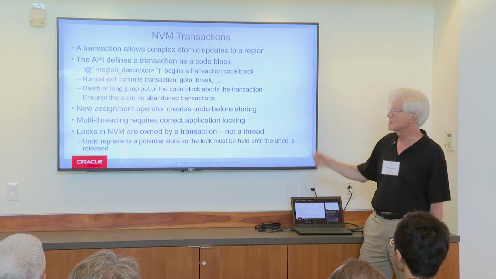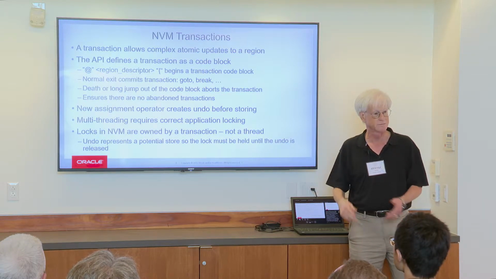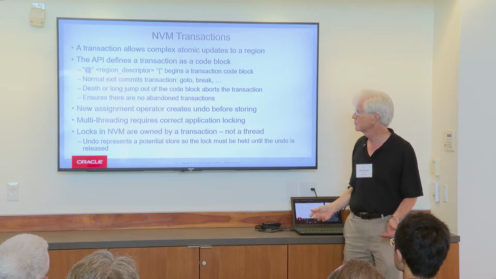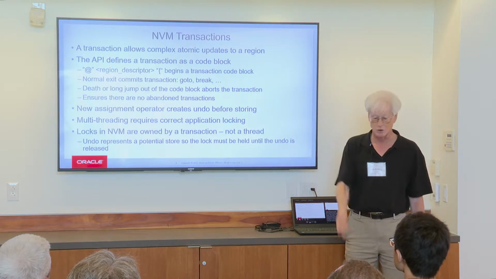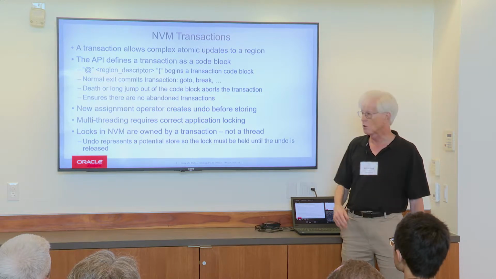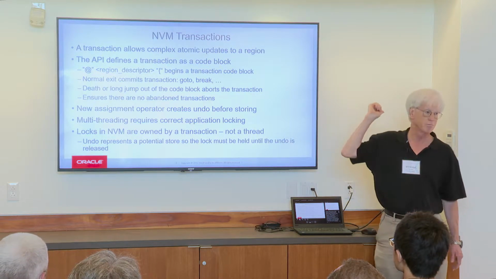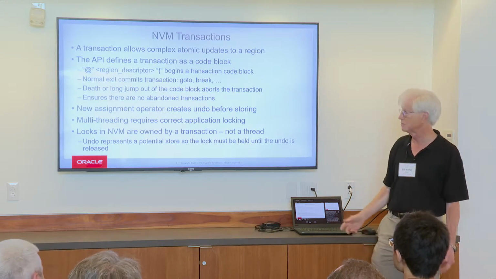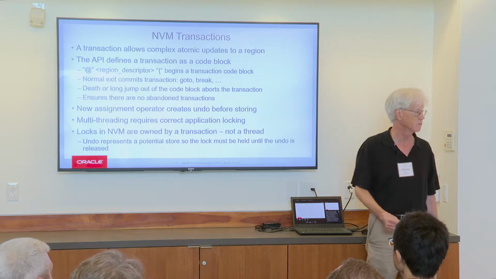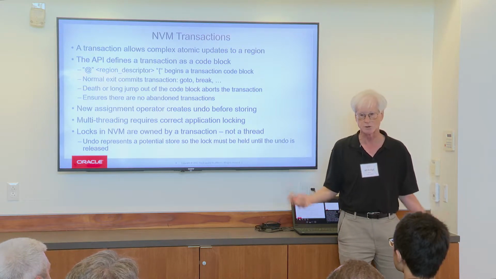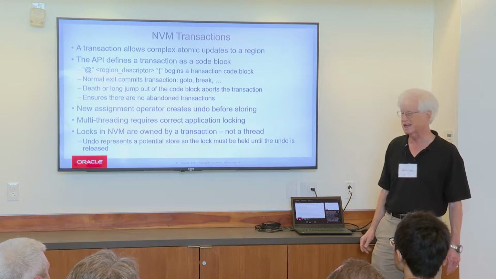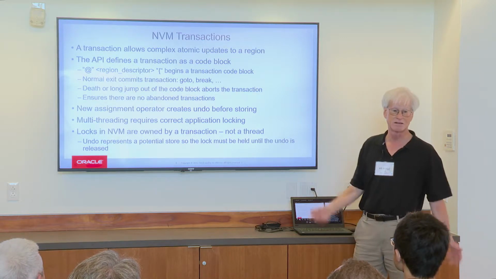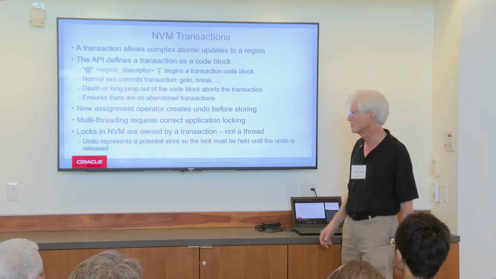If you exit it through normal C things, like you jump or return or whatever, that commits the transaction. If you crash in the middle of that block, or if a long jump blows through you, then it gets aborted. You can also explicitly abort it if that makes sense for whatever you're doing. I've personally never found a case where I wanted to explicitly abort, but it was easy to just make the subroutine name known. That's all it is.